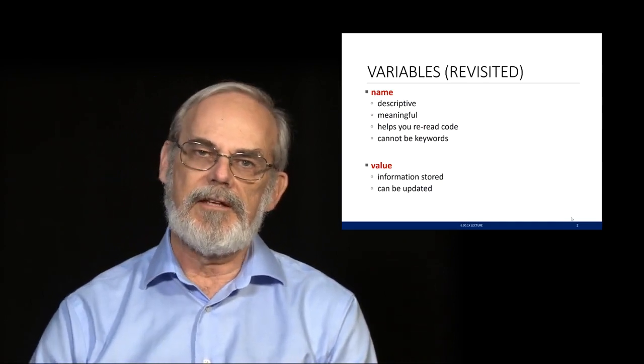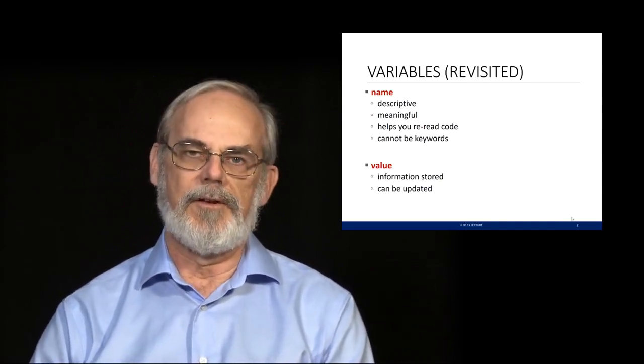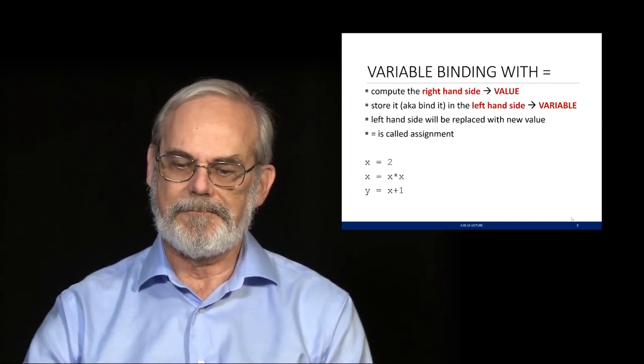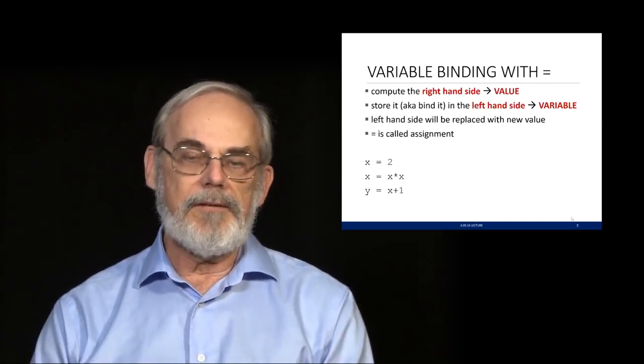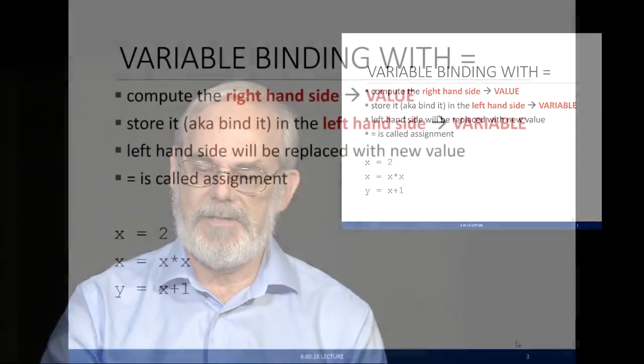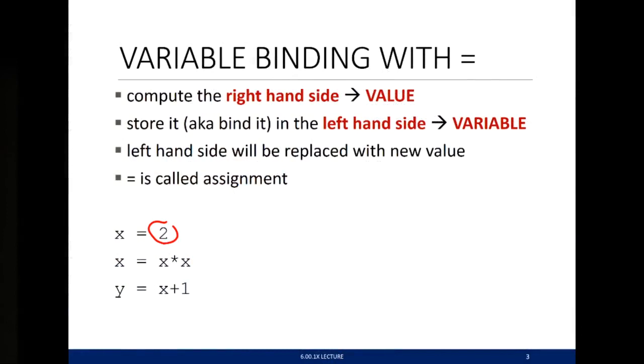And that's going to store information that we're going to use. And finally, we saw that we could update a value associated with a name by reassigning it using another assignment statement. The way we did it, just to remind you, was we compute the right-hand side of the expression. For example, here, the value associated with 2 is just the int 2. We then store it, sometimes we refer to that as bind it, to the left-hand side, which is the variable name. That creates a binding off in the machine of x associated with 2. But of course, we can also replace it with a new value.